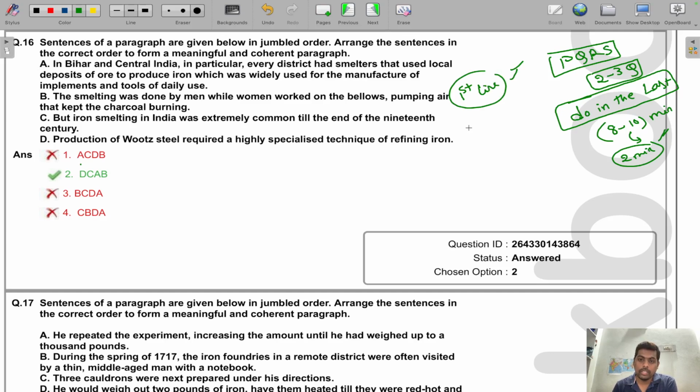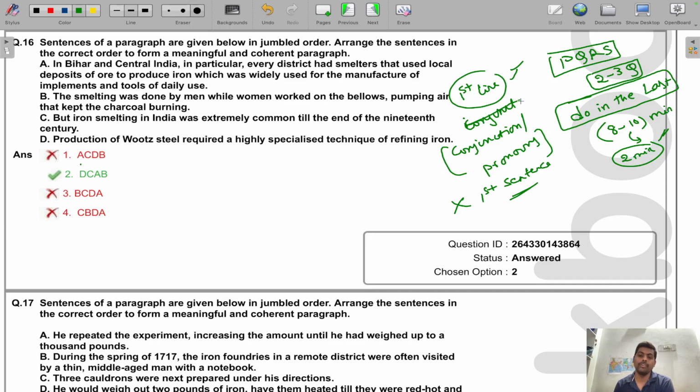And the next one is, try to see if a sentence starts with a conjunction, guys. If a sentence starts with a conjunction or pronouns, definitely it is not the first sentence. Just remember this point. You have to give special attention to this one.